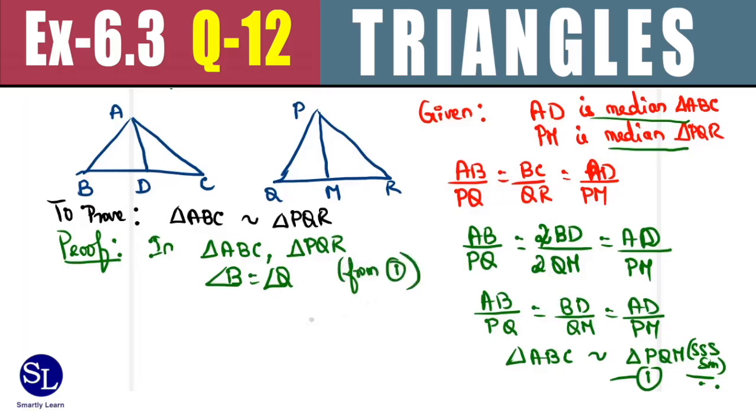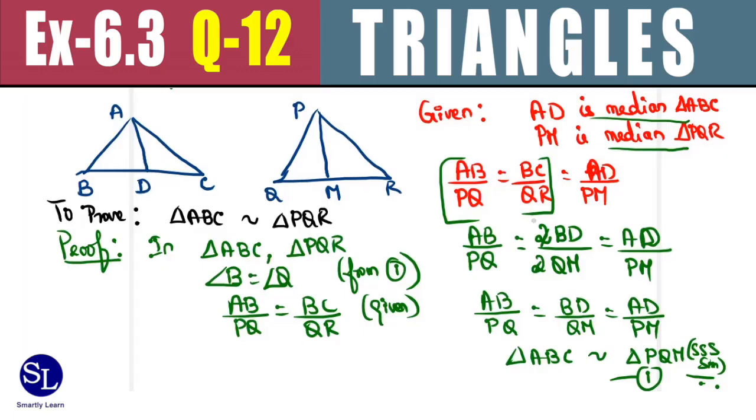So I'm cross-referring that. This also implies, and we should know that AB by PQ is equal to BC divided by QR. So this is the part of what is given to us. So I'm taking only one part of the given. AB by PQ is equal to BC by QR.